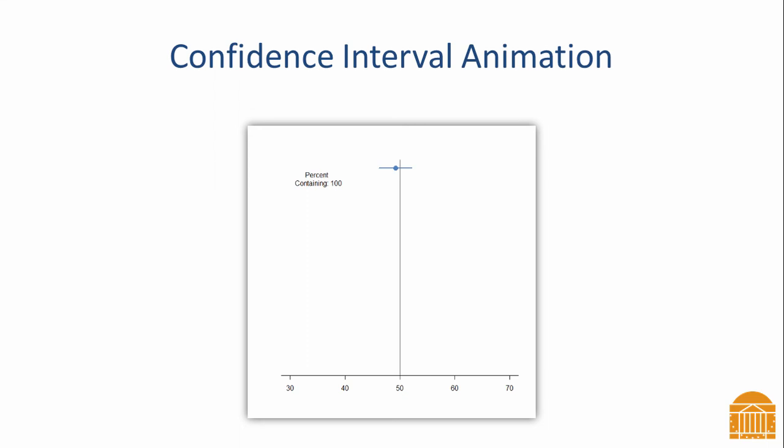We should see that 95% of the intervals are blue and 5% are red. The correct interpretation of a confidence interval should be clear now.